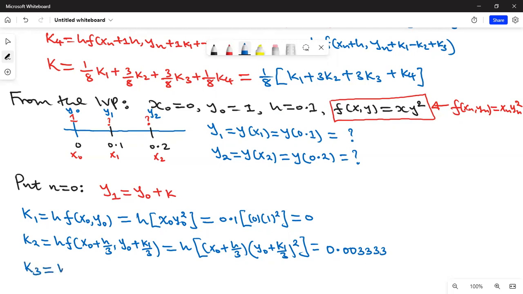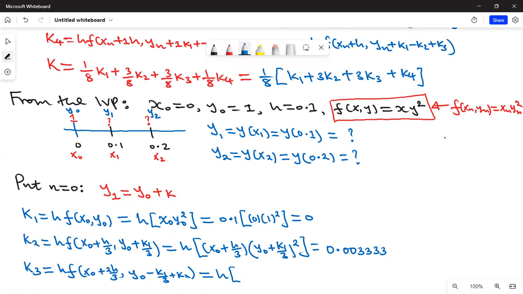That should be h f of x naught plus 2h over 3, y naught minus k1 over 3 plus k2. And so that is h. Our definition of f of xy is xy squared. So where there is x, I'm going to put x naught plus 2h over 3.